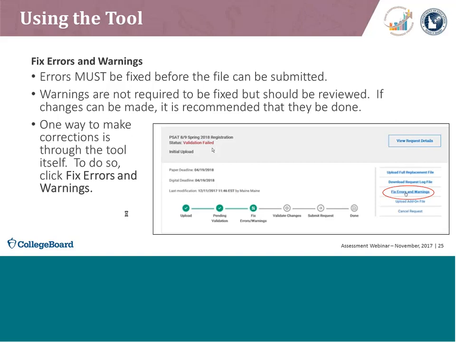Those warnings are going to be things that maybe look a little odd, but we don't require you to fix them. An example of a warning is maybe you have a student whose birth year makes it look like they are older or significantly younger than 11th grade.